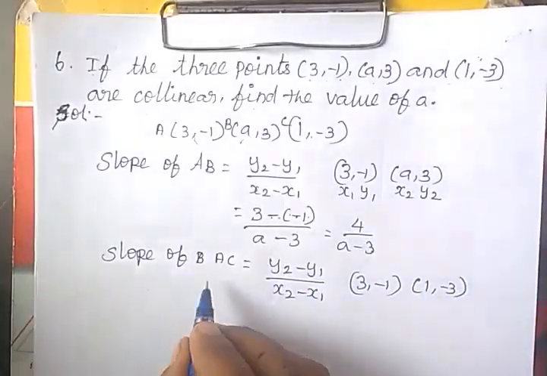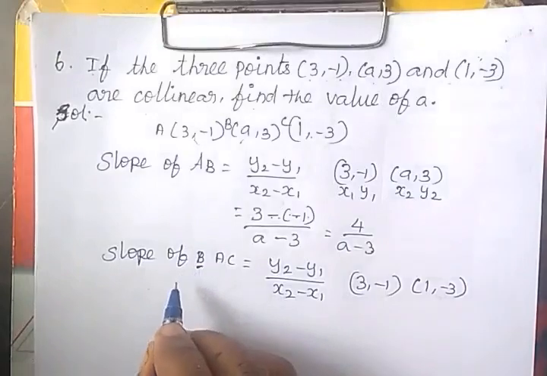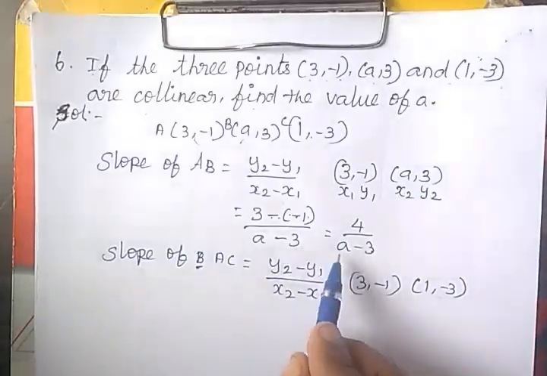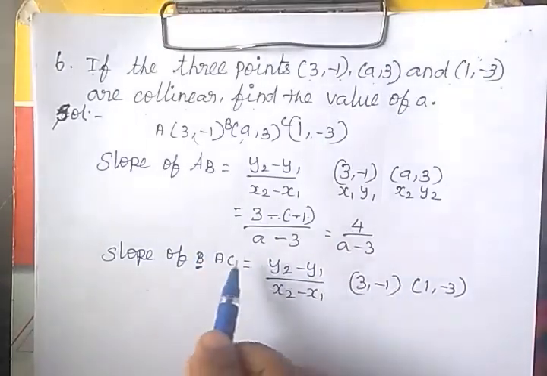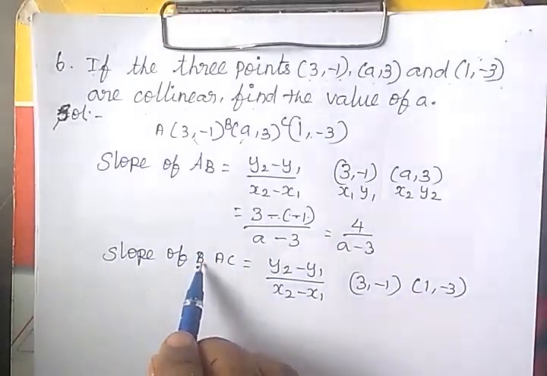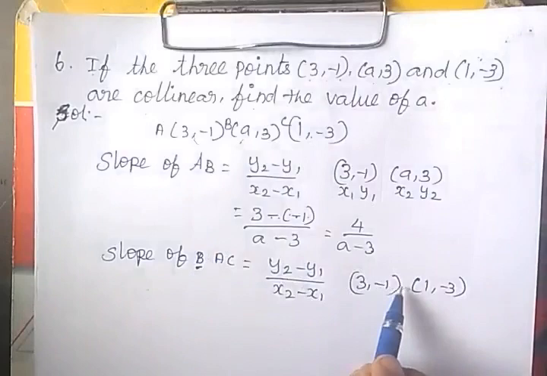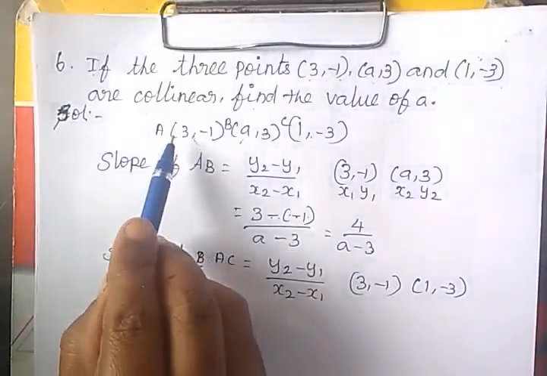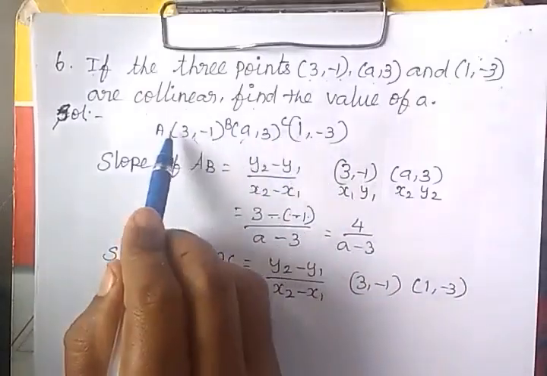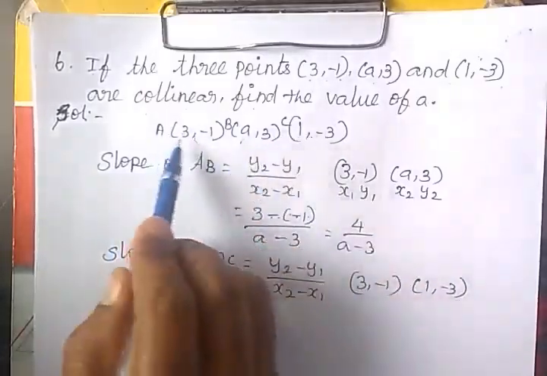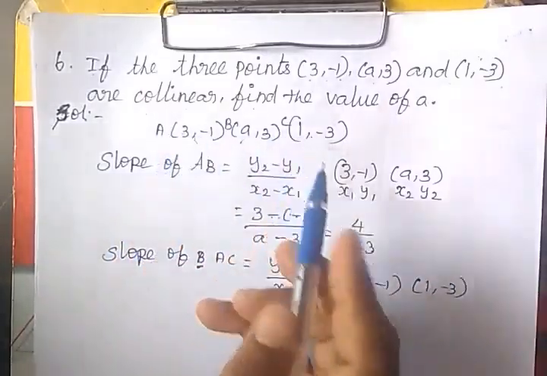I am not taking B because we already have one variable, a. If we take B, we get another a. That's why I am taking A and C, which both have constant numbers.